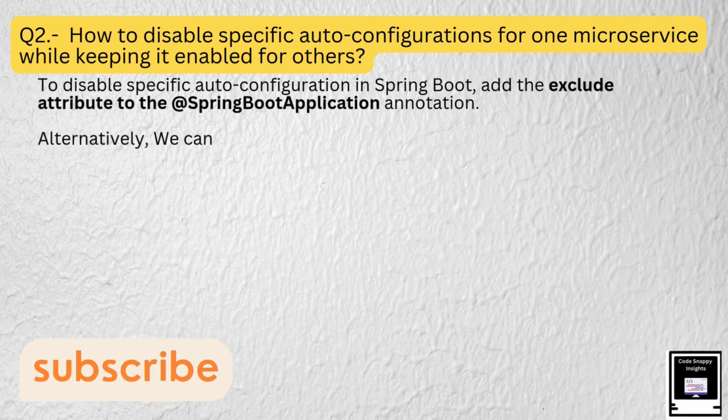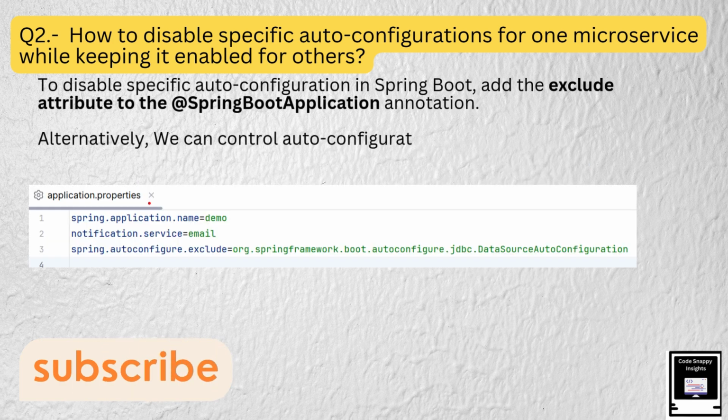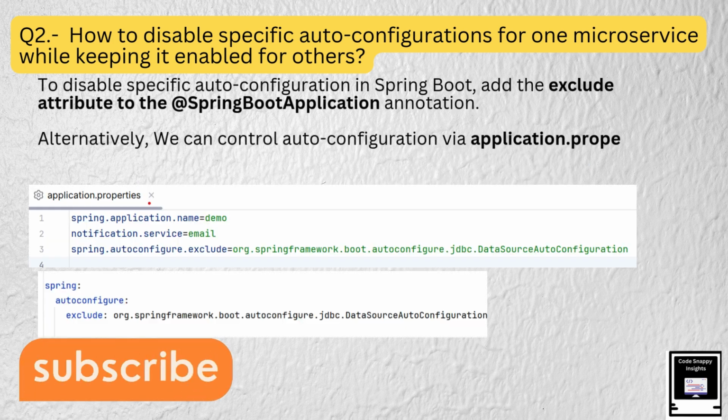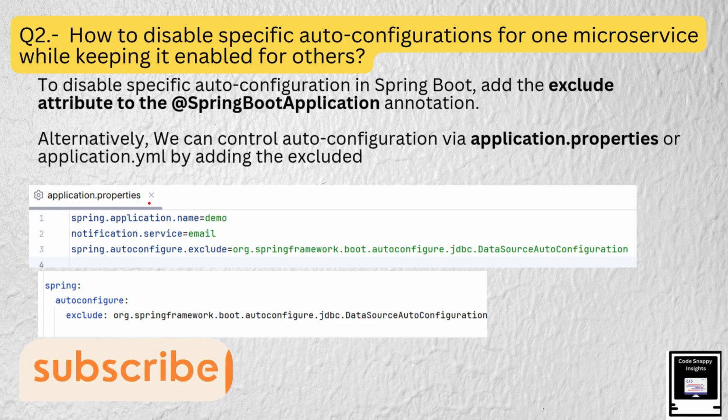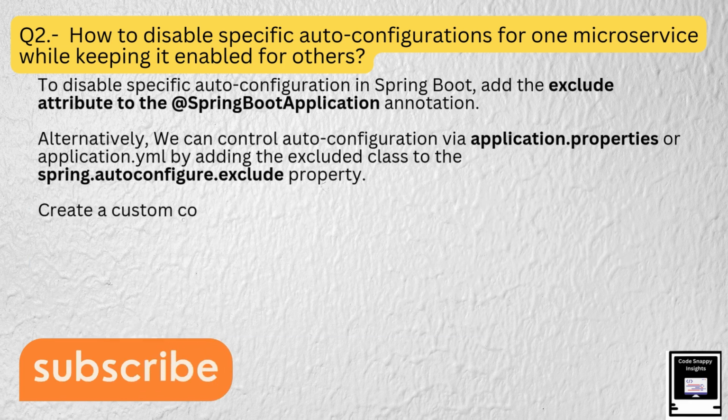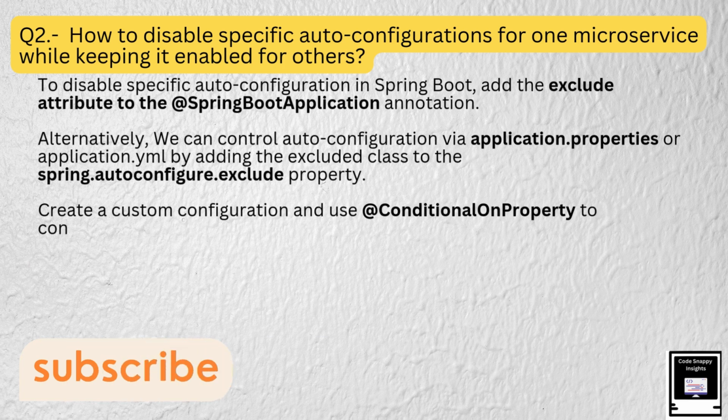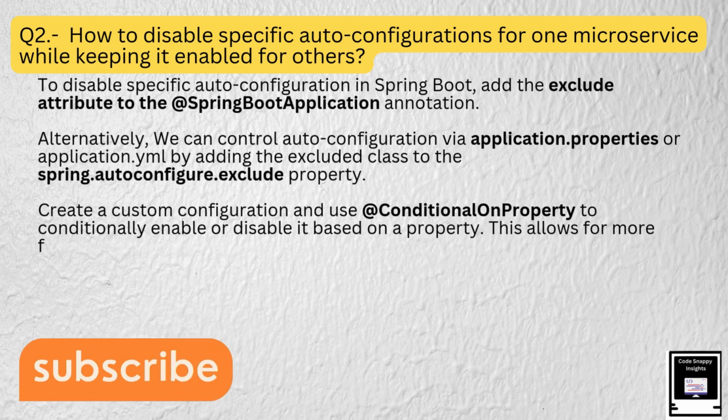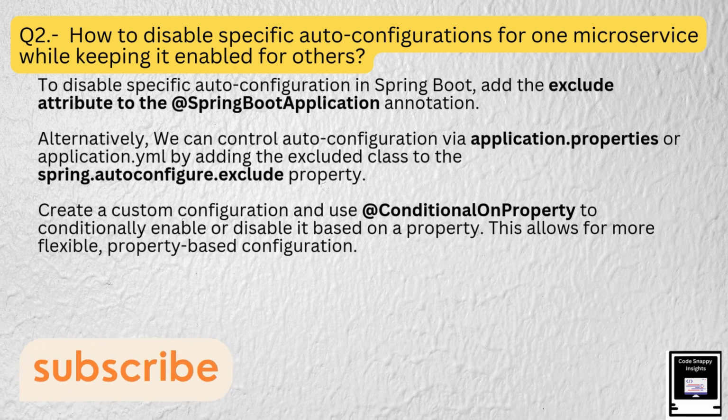Alternatively, you can control auto configuration via application.properties or application.yml by adding the excluded class to the spring.autoconfigure.exclude property. Create a custom configuration and use @ConditionalOnProperty to conditionally enable or disable it based on a property. This allows more flexible and property-based configuration.